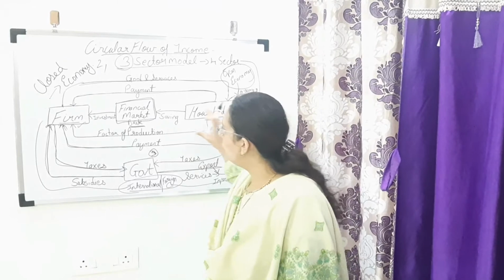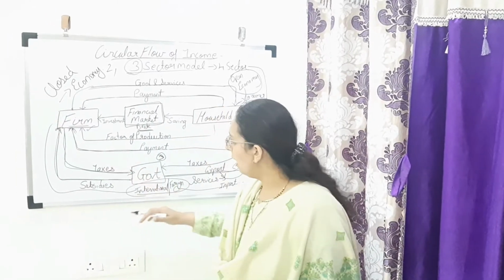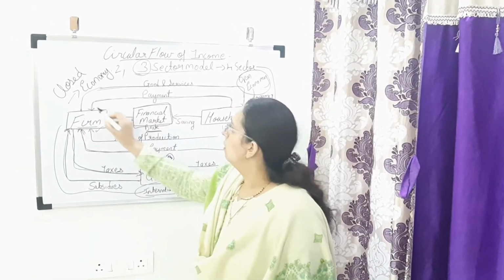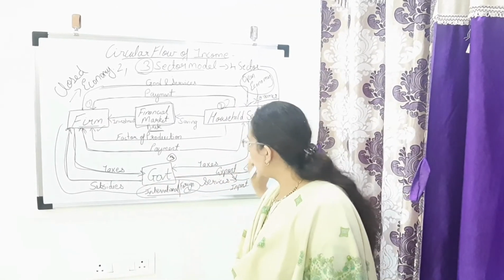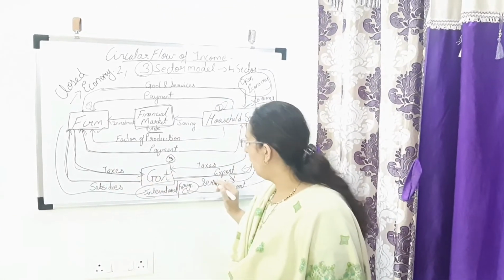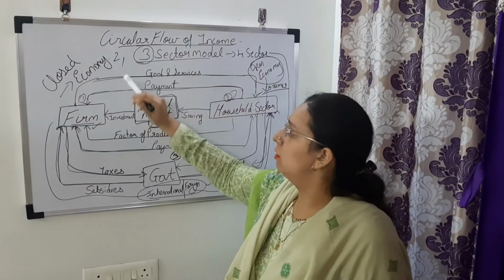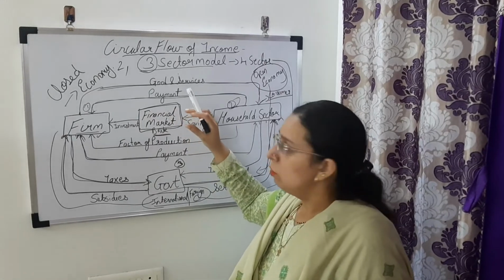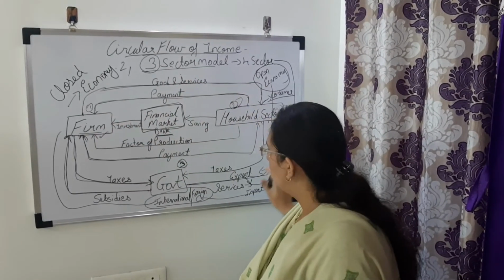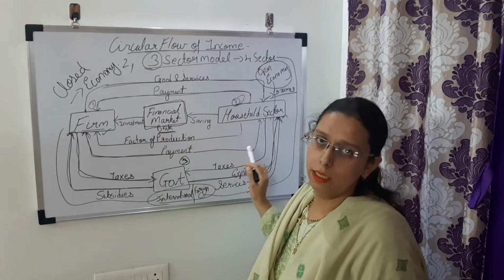So this is how the flow of income takes place. Then comes the third sector, that is government, where government takes taxes from both the sectors, and the flow of income takes place under the 2, 3 and 4 sector models. So there is a flow of money between all these 4 sectors.